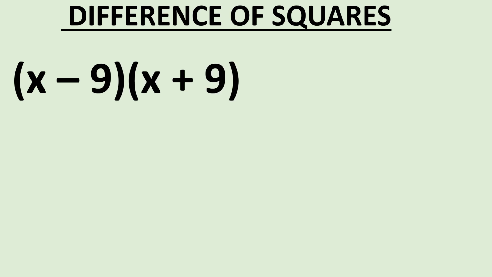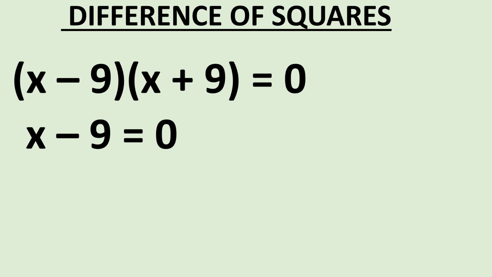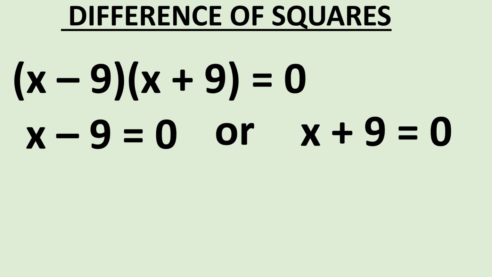So in this particular case, we have (x minus 9) into (x plus 9) equals 0. So that means x minus 9 equals 0, or x plus 9 equals 0.